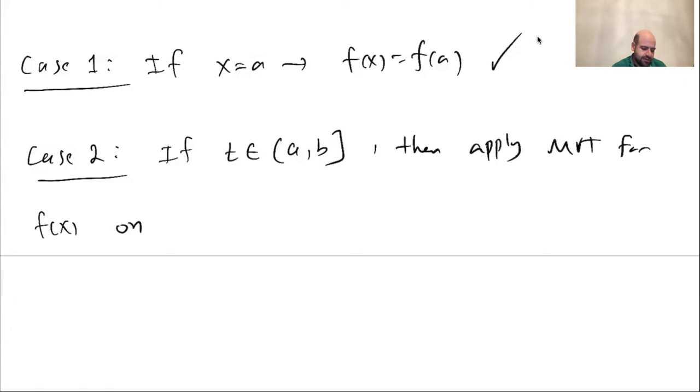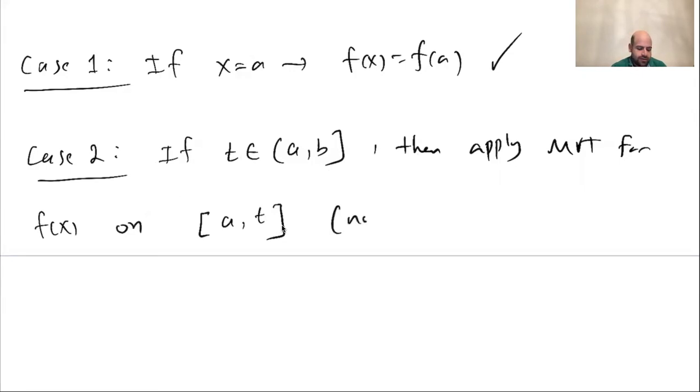For f of x on the interval a to t. See, t here is strictly bigger than a, because if t equals a, then we have covered that in case 1. In case 2, we are assuming t is strictly bigger than a. So I can consider the interval a to t and apply MVT for f of x between a to t.